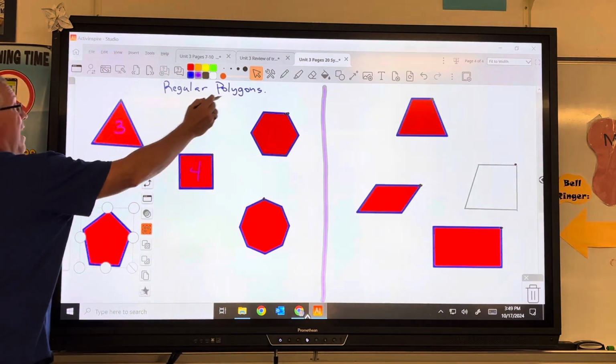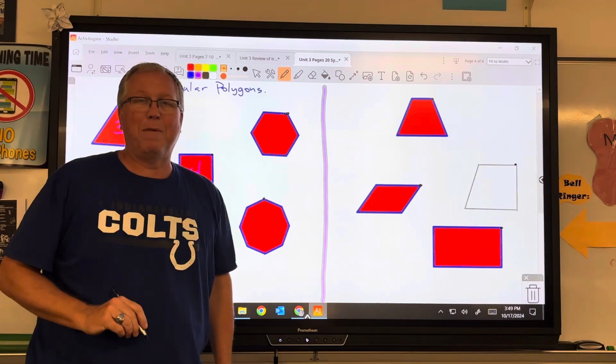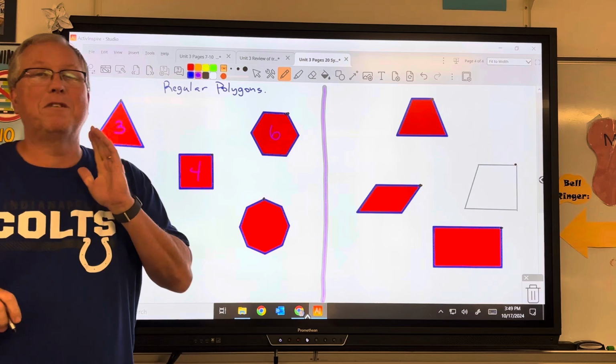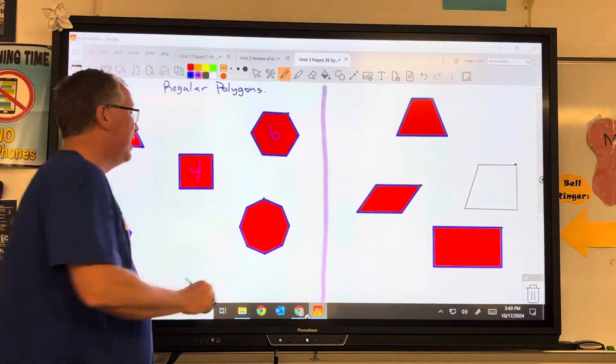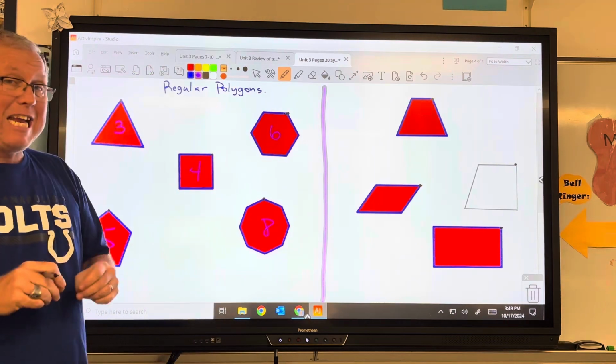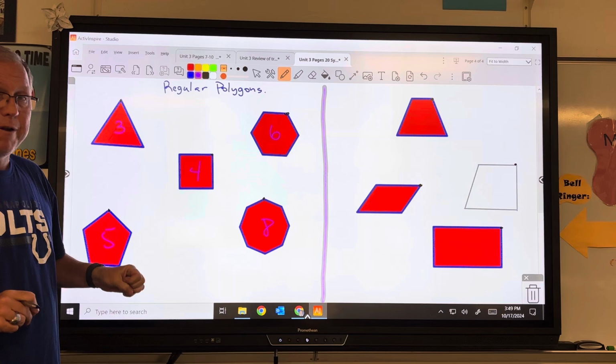So that happened 5 times. Guess how many times it's gonna happen on my hexagon, which has 6 sides? It's gonna happen 6 times. On my octagon that has 8 sides? It's gonna happen 8 times, okay? That's how many times it looks exactly the way it did when you started.